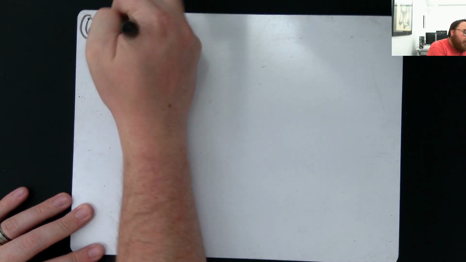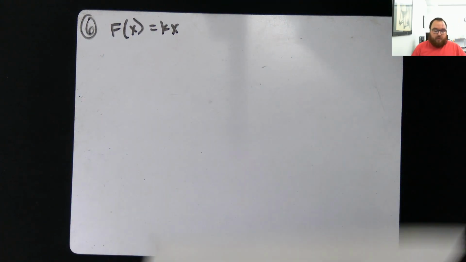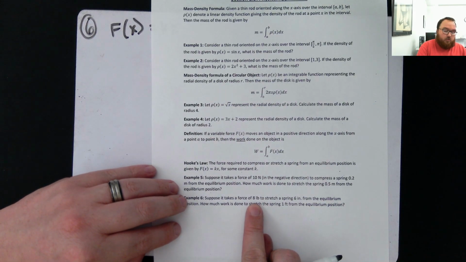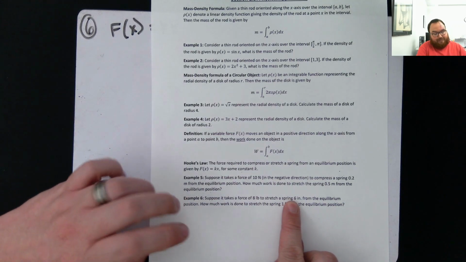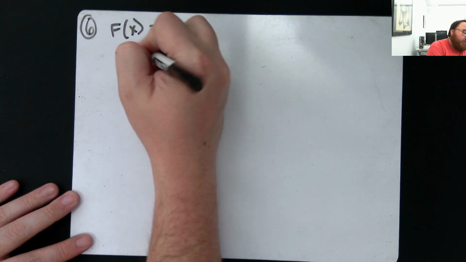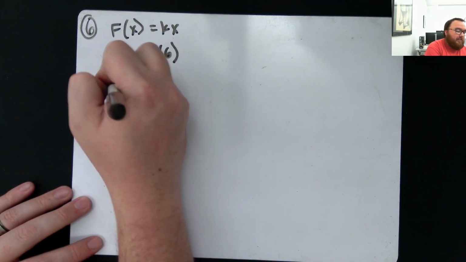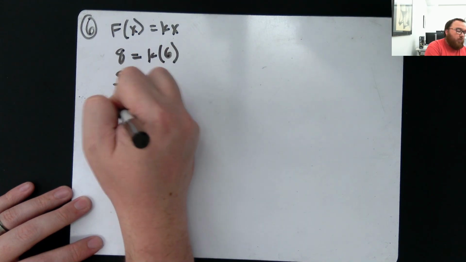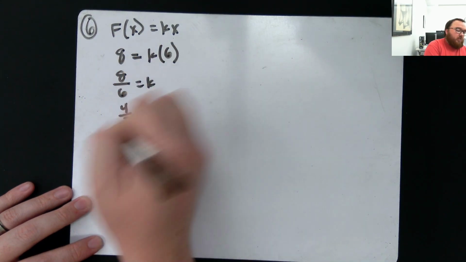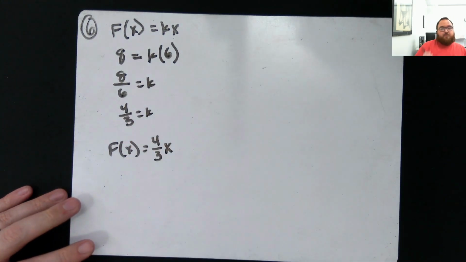Remember, the force is equal to kx for some k. What I know is that the amount of force is 8 to stretch it by 6. So 8 is equal to k times 6. Divide by 6, you get 8/6, which reduces down to 4/3. So the function is going to be 4/3 x.